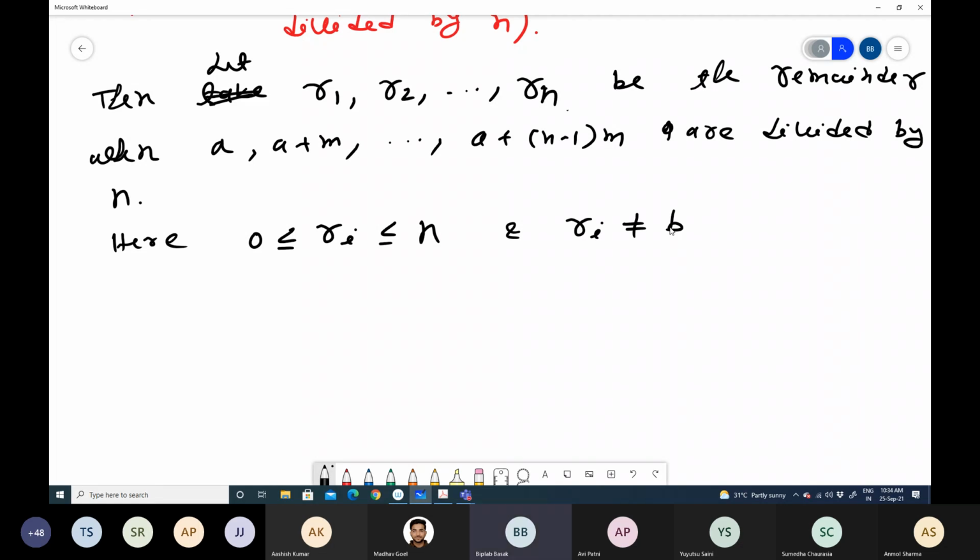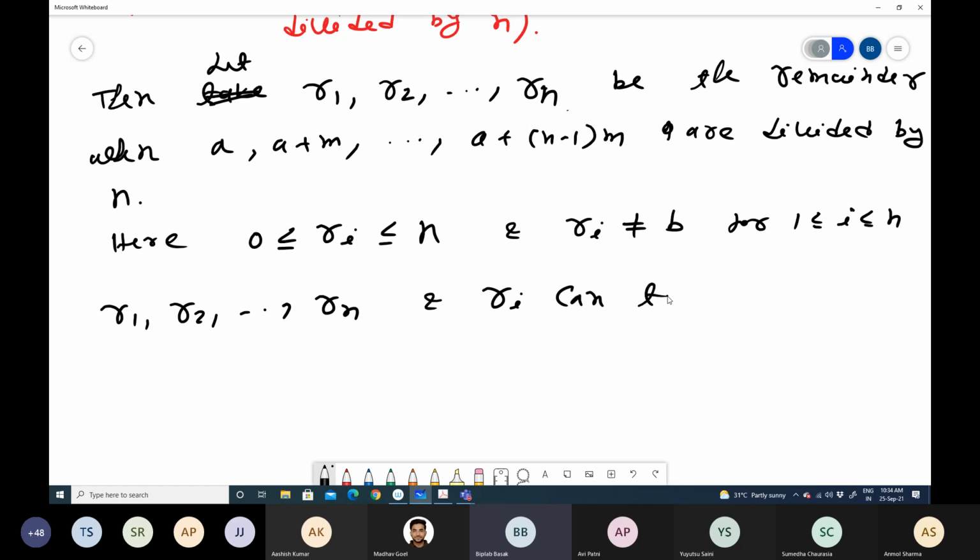So we have r1, r2, up to rn. These are n terms, for 1 less than or equal to i less than or equal to n.